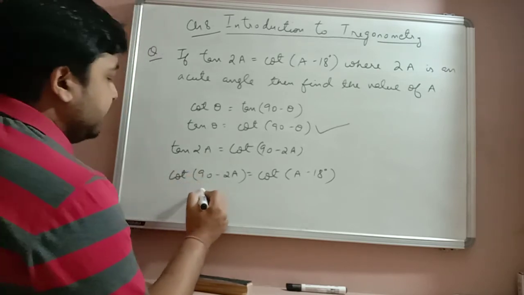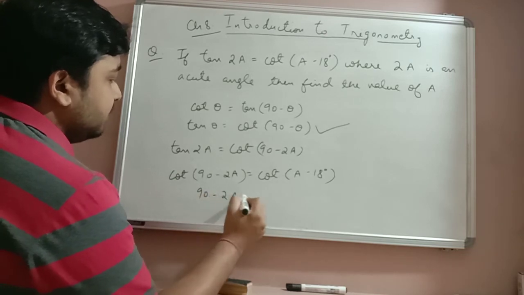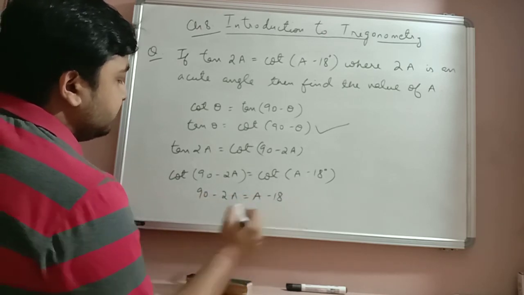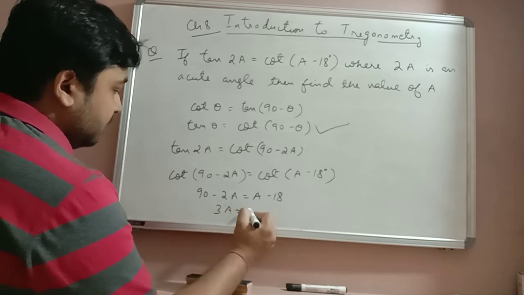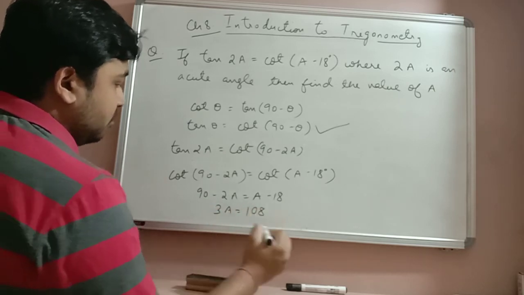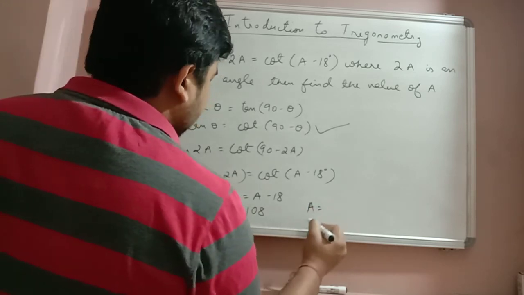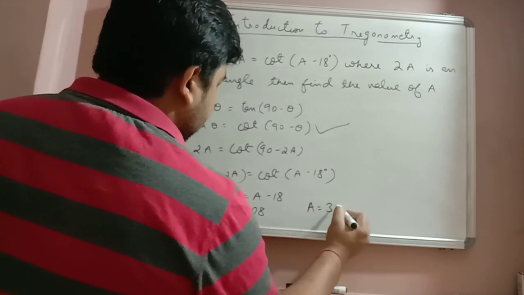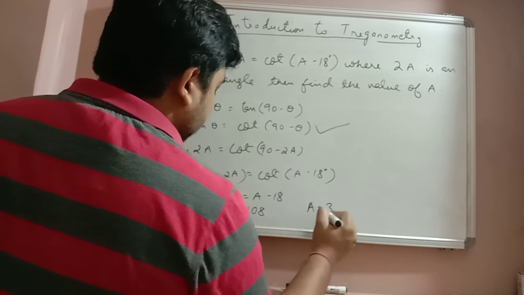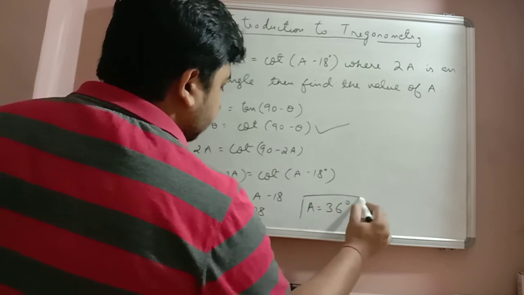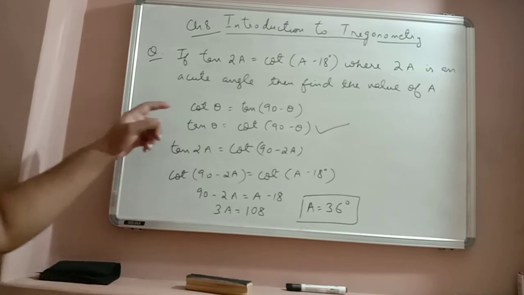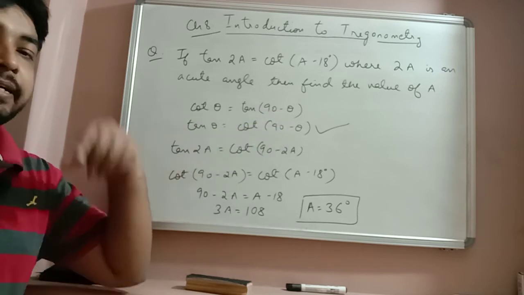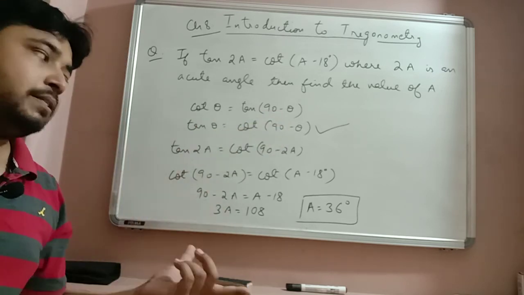Therefore we get 90 - 2A equals A - 18. 3A equals 108, or A is equal to 36 degrees. So we simply got the value of A, that is A is 36 degrees, using tan theta is equal to cot(90 - theta). I hope this is clear to everyone.